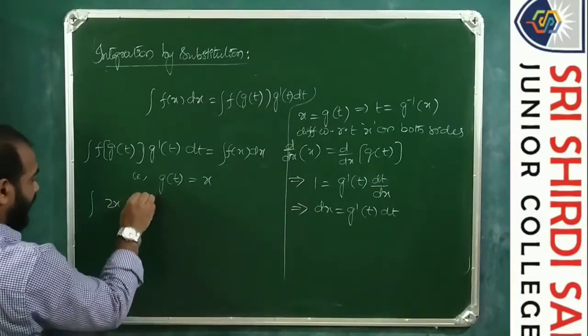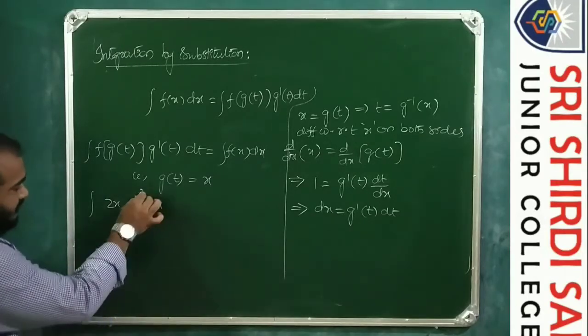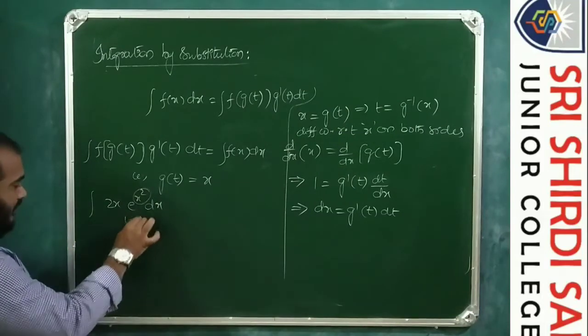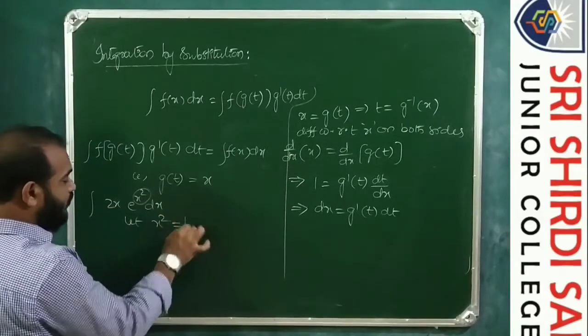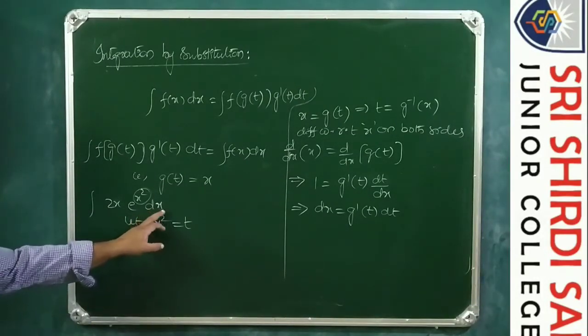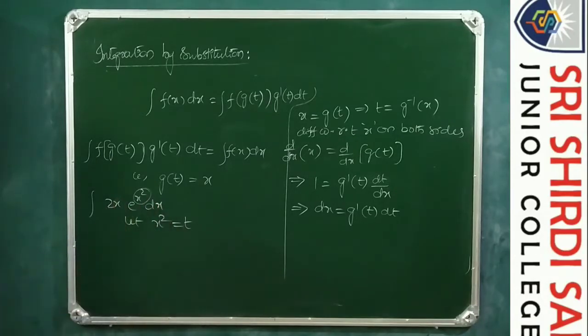Consider the integral of 2x into e power x square dx. Here the derivative of x square is 2x. So let x square equal t be taken. Now dx is the differential operator here.